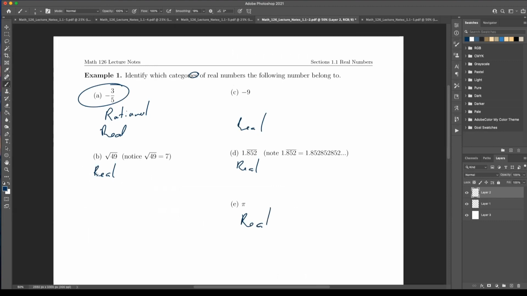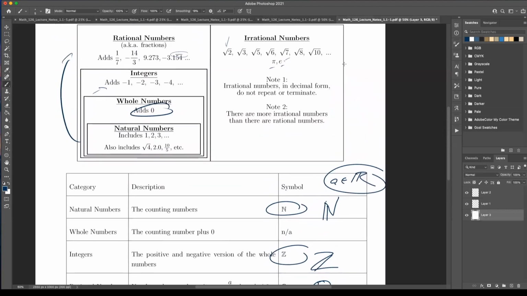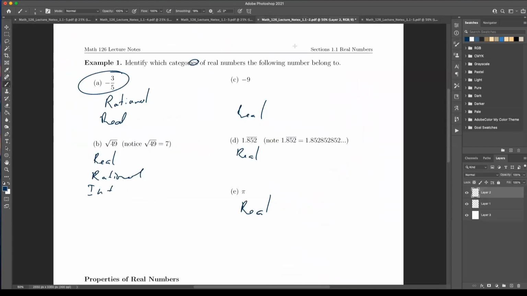Here, for B, the square root of 49 is equal to 7. So this is a real number, but it's also a rational number. It's also an integer. It's also a whole number.